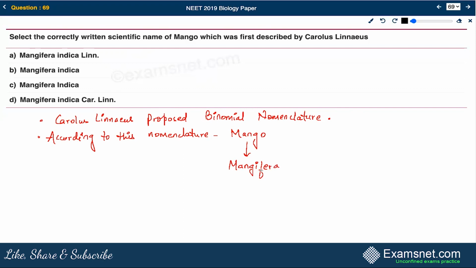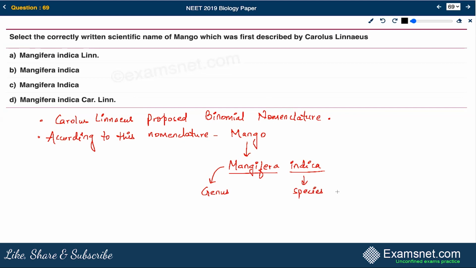Mangifera indica, where Mangifera indicates the genus and indica indicates the species.